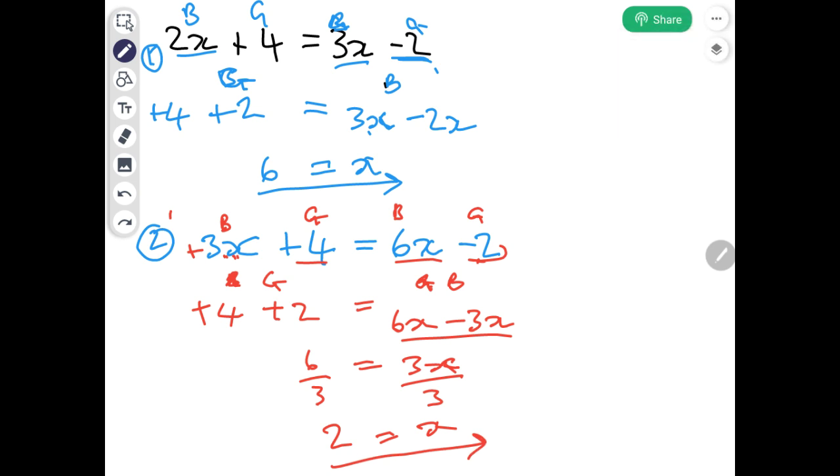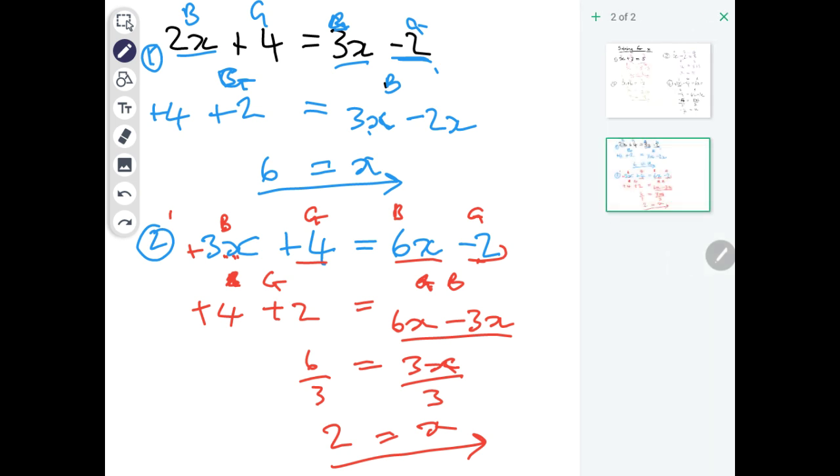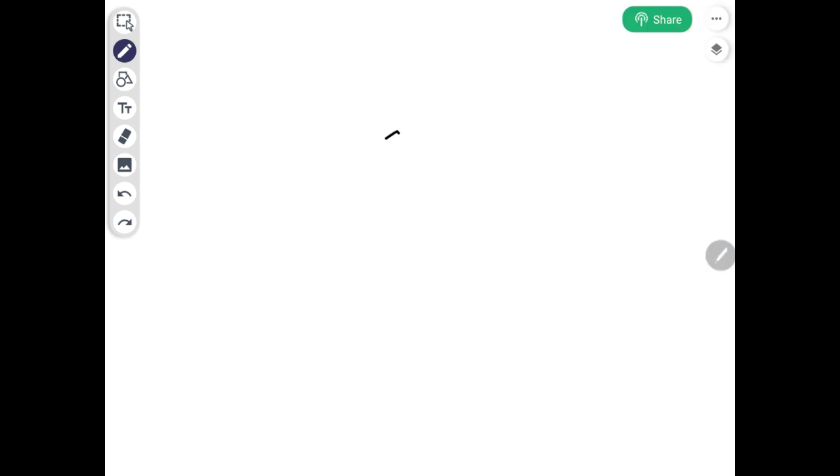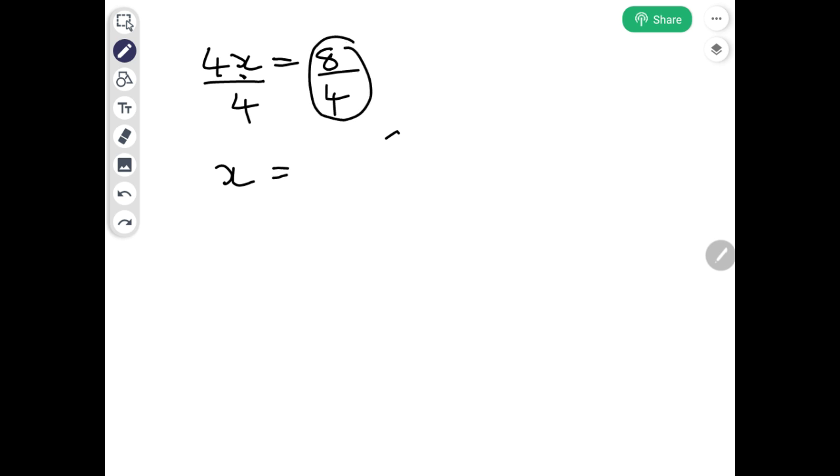So the trick is that every time you do the whole calculation, and then your final step is maybe 4x is equal to 8, in order to get the value of x, you divide by 4, so that x will be equal to whatever this is, and in our case it gives us 2.